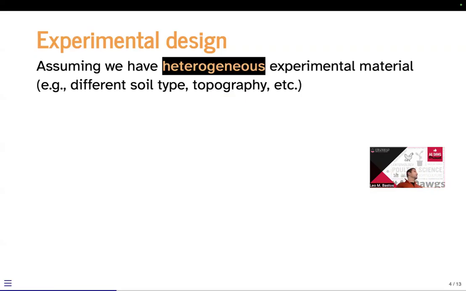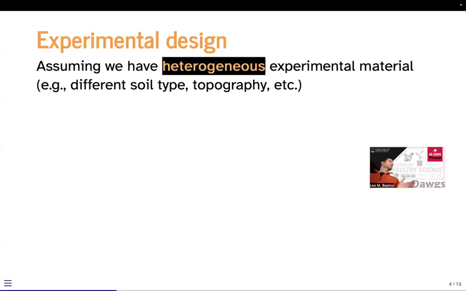Other examples, if you work in a greenhouse, you know that there is a gradient of temperature and humidity from where the fan is to the other side of the greenhouse. So maybe you want to block perpendicular to that. If the flow is going in this direction, you want to have your blocks in this direction, because the blocks are receiving different levels of temperature and humidity, but you're controlling for that by having your blocks in the right direction.